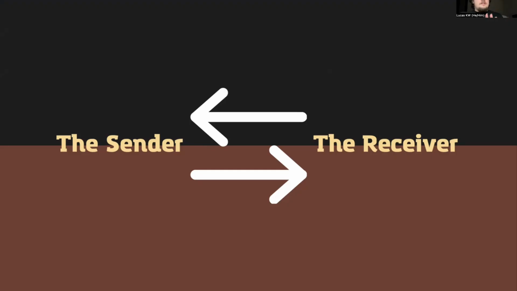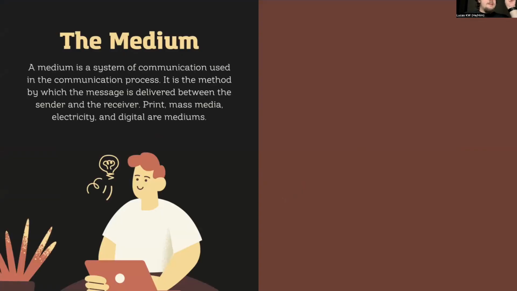So let's look at some other things that we talked about. We talked about the channel. So let's look at the medium first. The medium is a system of communication used in the communication process. It is the method by which the message is delivered between the sender and the receiver. Print, mass media, electricity, and digital are mediums.